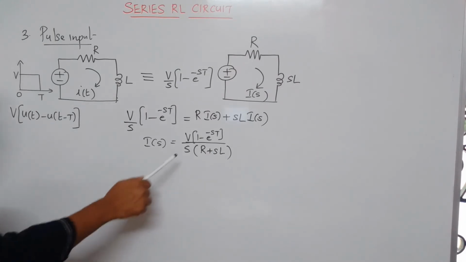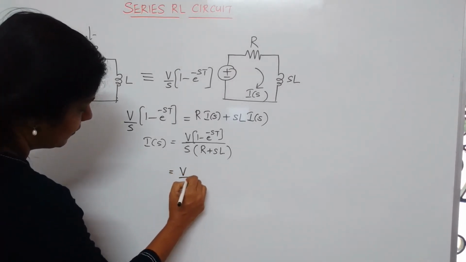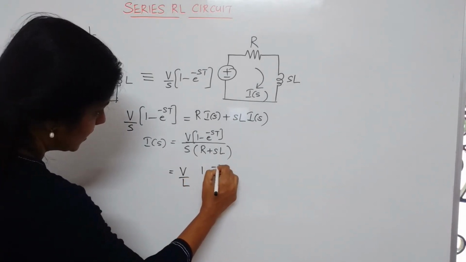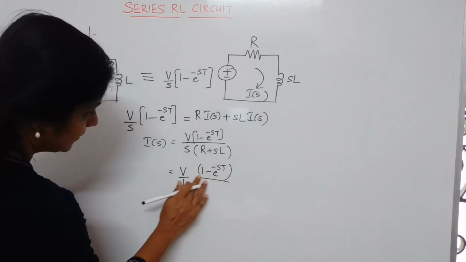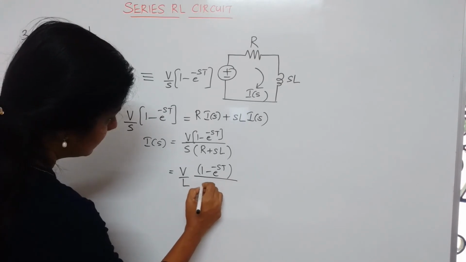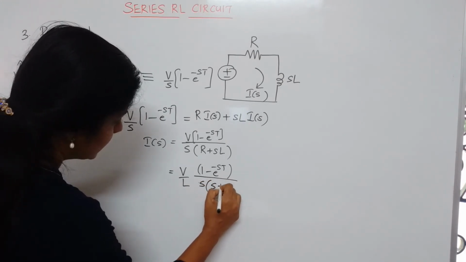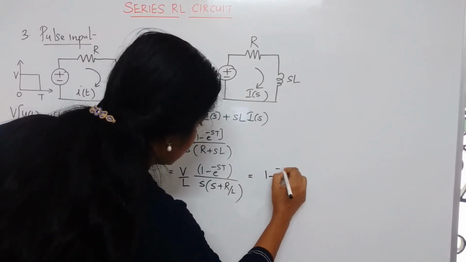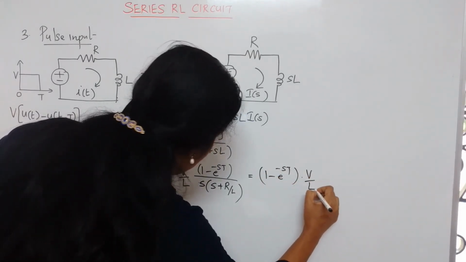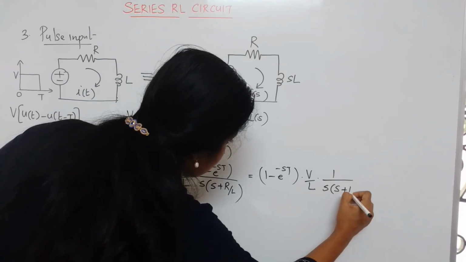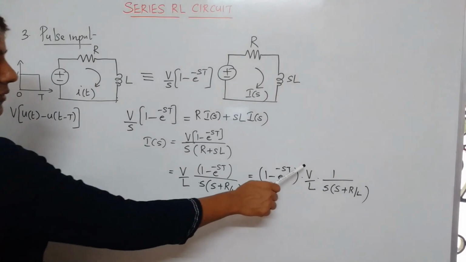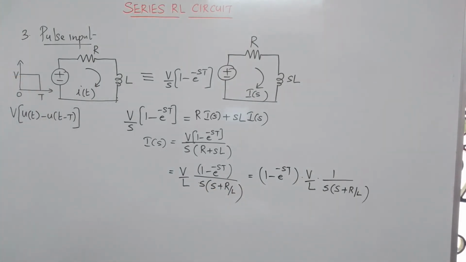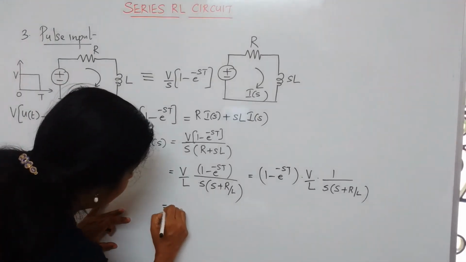Now we can divide numerator and denominator by L. So it will be V by L into 1 minus e raised to minus sT by S into S plus R by L. This is I of S. Or let me take this as 1 minus e raised to minus sT into V by L into 1 by S into S plus R by L. Now this we have done in our first case, V by L into 1 by S into S plus R by L. We can directly take that result here.